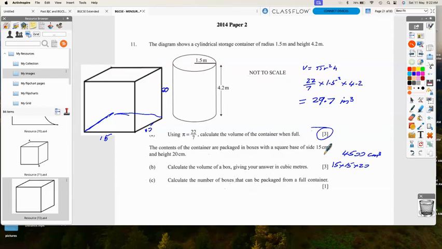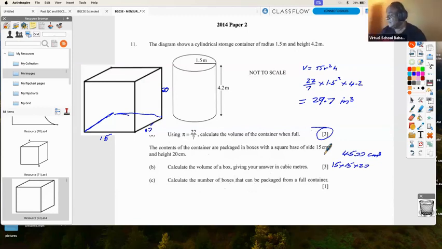Question. If we're working in meters, how did we go to centimeters? All right, let me show. Let me leave that answer there. If I have 15 cm and 20 cm, how do I convert that into meters? Do you know?